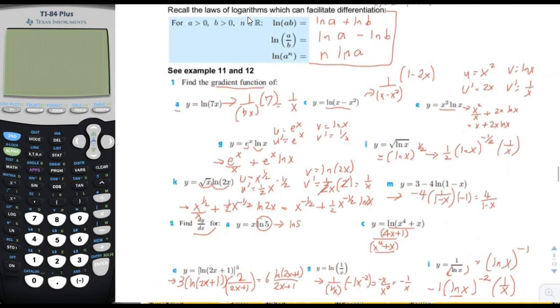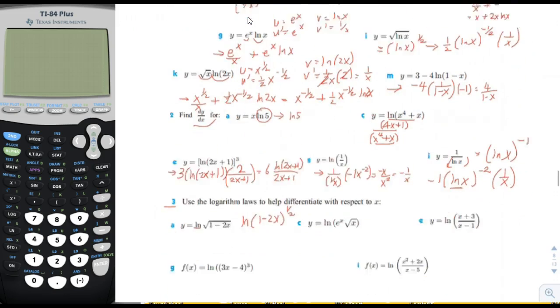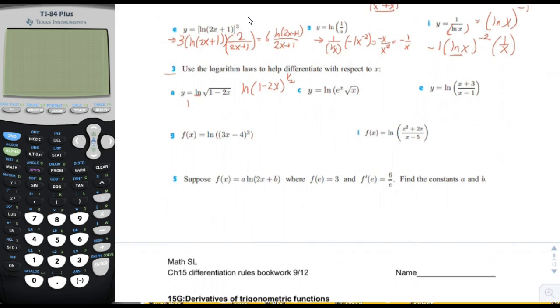And remember, from the rules, if you have natural log of something to a power, then you could put the power out front. So, hey, that's neat. You could put the power out front. So you put 1/2 natural log of 1 minus 2x. We've already simplified it. Now it doesn't have a square root inside of a natural log. Now it's just a simple coefficient there. So if we take the derivative of that, it's going to be 1/2, and then the derivative of natural log 1 minus 2x is 1 over 1 minus 2x, and then we use the chain rule and we multiply times negative 2. Okay?